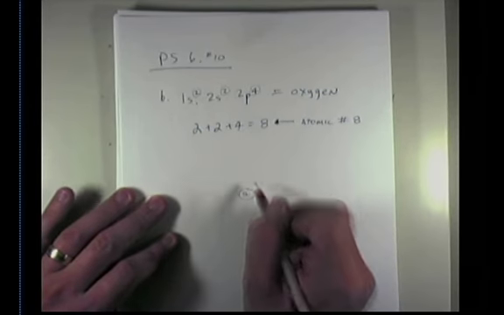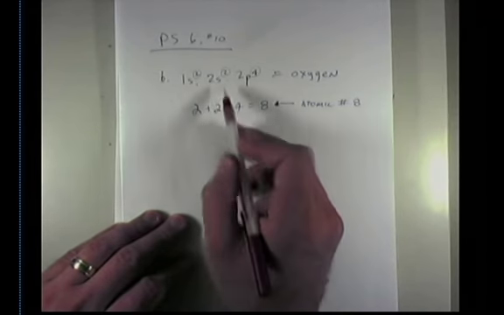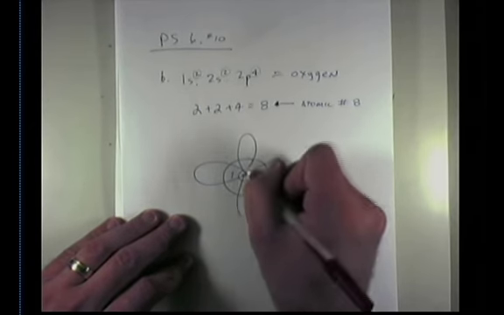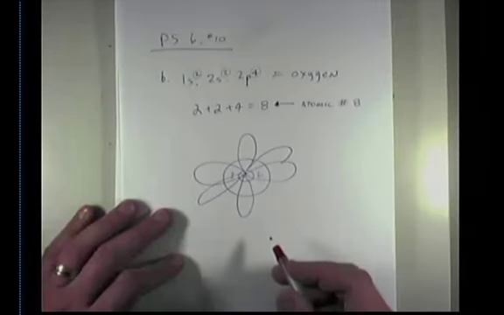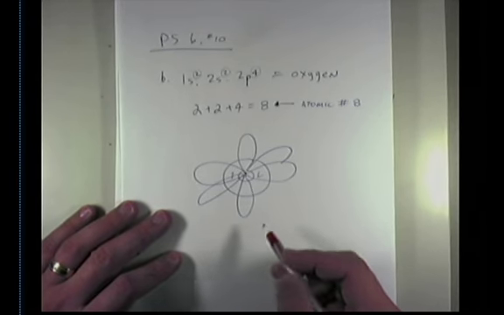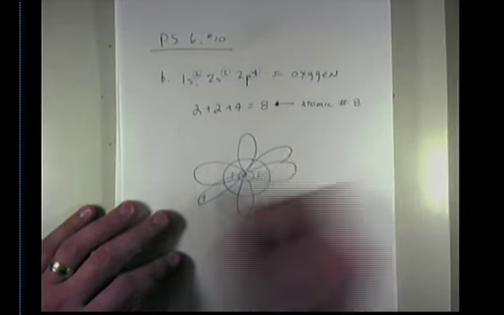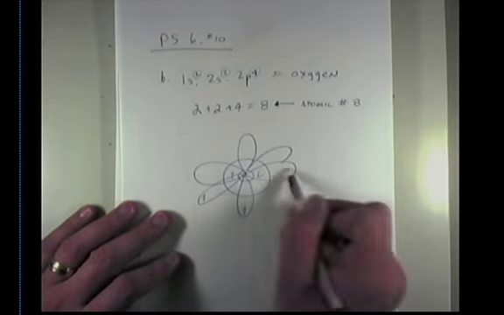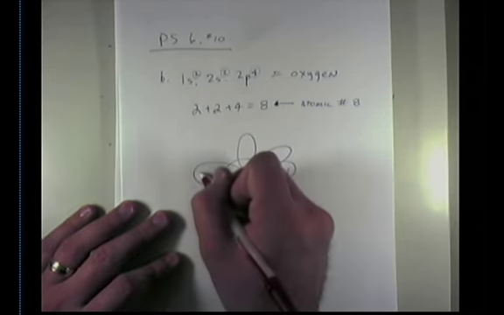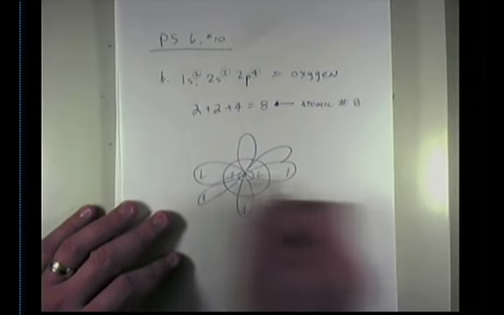There's a 2s orbital, which is larger and also spherical outside of the 1s orbital, and these 2 electrons are also paired inside that orbital. 2p orbitals represent 3 dumbbell-shaped orbitals on the x, y, and z axes like this, and I have 4 of them. Those electrons will go into each orbital unpaired until they have to pair.